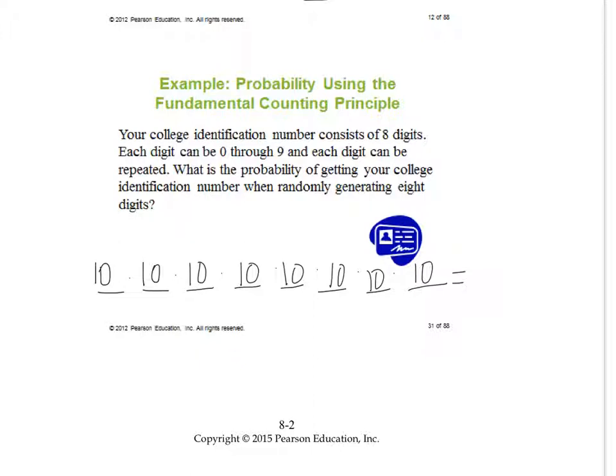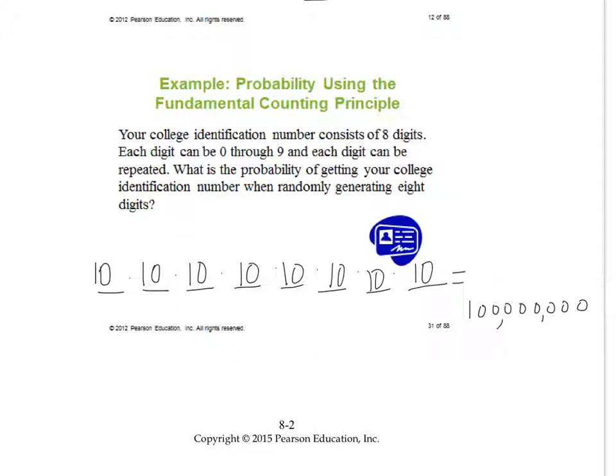Multiplying this together gives me the total number of different numbers I can come up with for the college ID number. That means I'm going to have a 1 with 8 zeros after it: 1, 2, 3, 4, 5, 6, 7, 8 zeros. Look at that. That's 100 million. And that's how many different numbers can be generated.